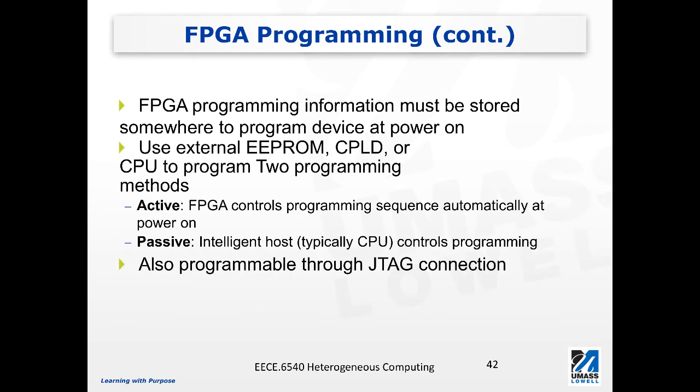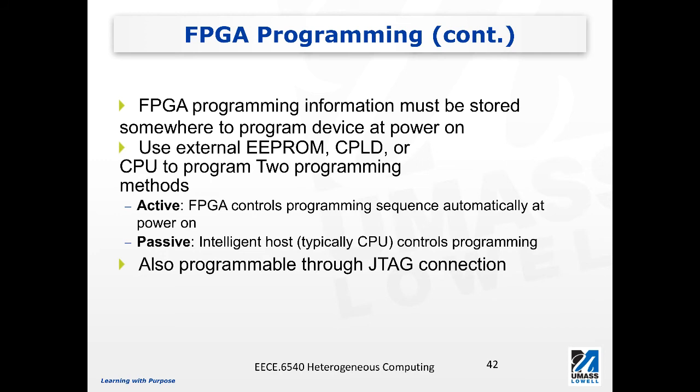In order to program the FPGA, the configuration information must be stored somewhere that can be accessed at the power on stage. One can use external EEPROM, CPLD, or even CPUs to program the FPGA chip.